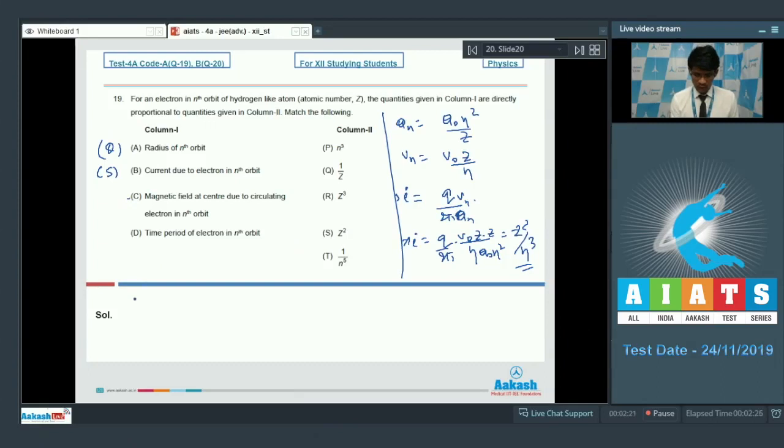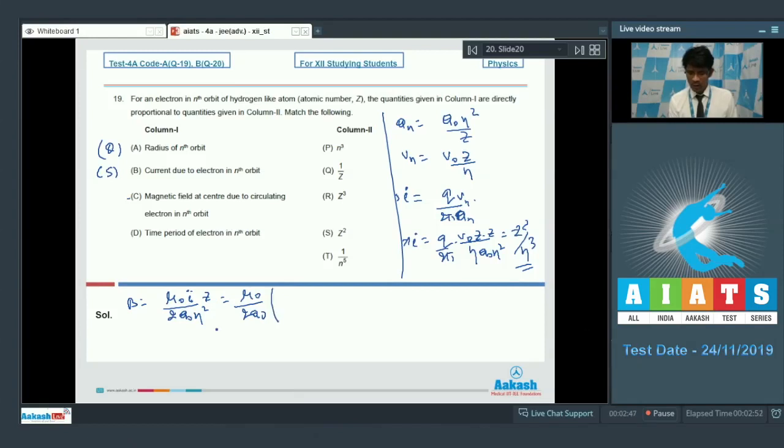For option C, magnetic field at the center due to circulating electron in nth orbit. Magnetic field B will be how much it is? Mu naught I divided by 2a, a being a0 n square by z. We already had this answer for the current there. I would say current was proportional to z square divided by n cube.